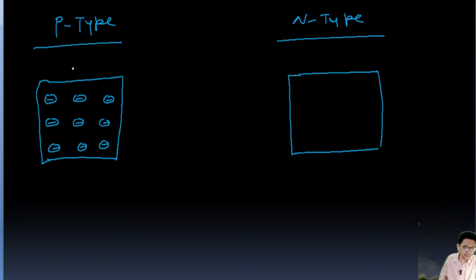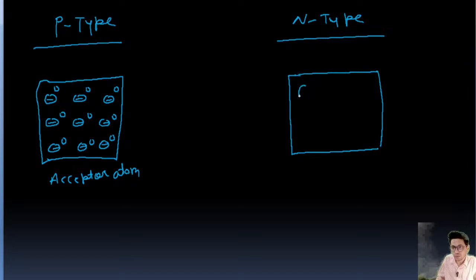For P type, there are holes, so they need electrons. So this is P type. They are acceptor atoms. And if we talk about N type, so this is one.